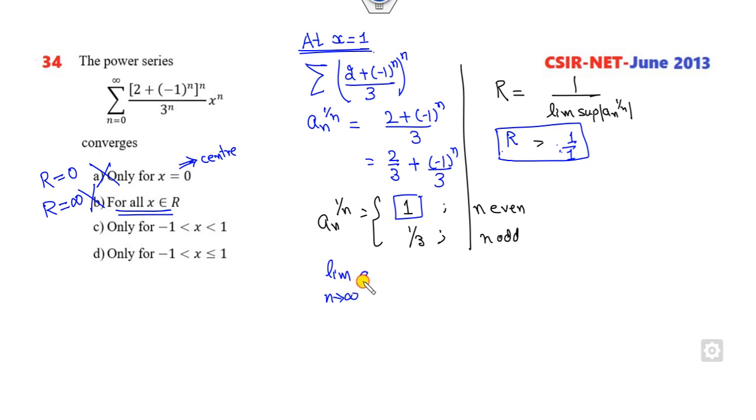Now what is the limit as n approaches infinity of a_n to the power 1 by n? It is 2 over 3, which is a constant, plus the limit of this as n approaches infinity. How can you think about this? Because if we apply the root test, I need this number to be less than 1.